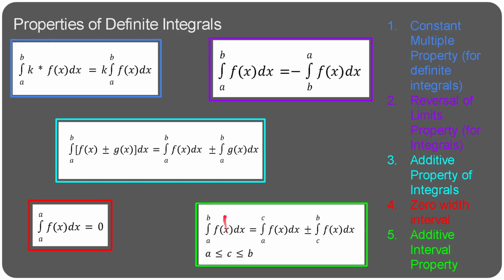And finally, the additive interval property. This one is really interesting, actually. It's pretty common, at least in AP Calculus. You can see it on FRQ sometimes, where if you have a function from a to b, if it makes sense to do so, you can split up the integral and accumulate it to one variable. So you can say from a to c, and then you can add the integral from c to b.